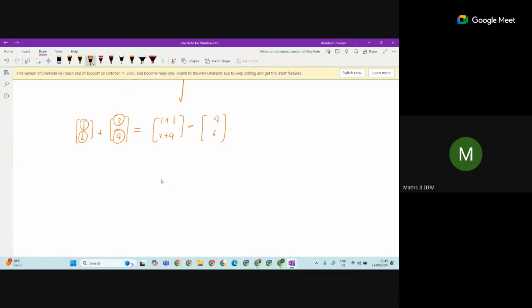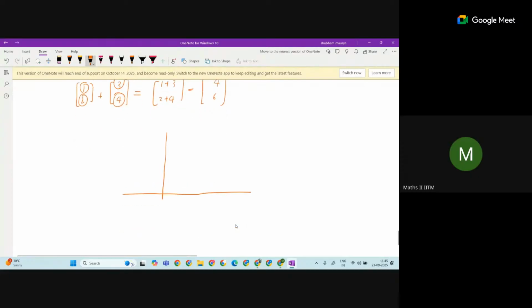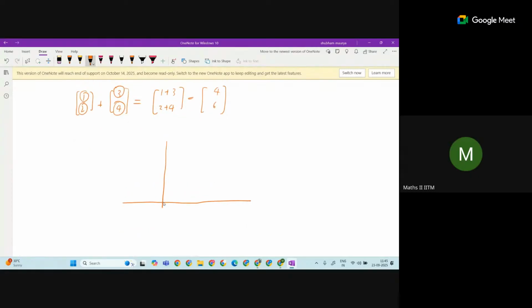But in representation, how is it? Let's see the representation. So 1 2 we have just seen. 1 is going to be somewhere here and 2 is going to be somewhere here. So here is my 1 vector and 2 vector.